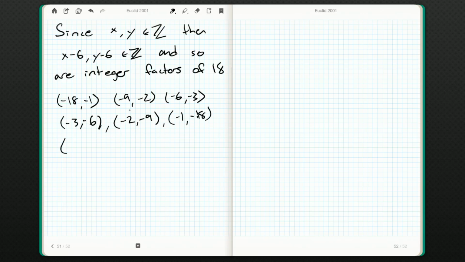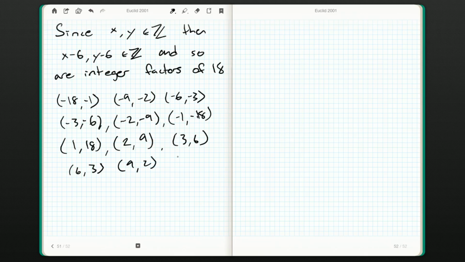I don't think we'll be using these negative ones. I don't think there's any that are small enough that would work. Then we get 1, 18; 2, 9; 3, 6; 6, 3; 9, 2; and finally 18, 1.